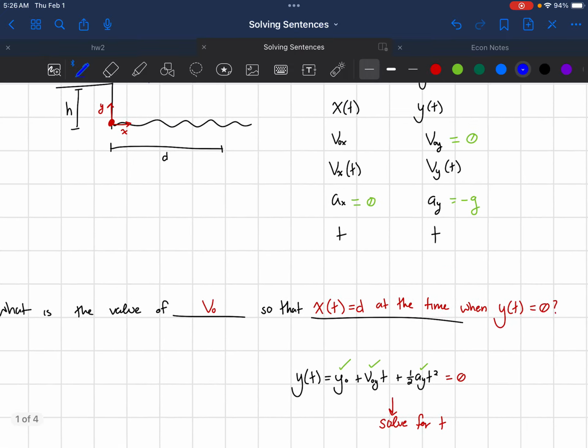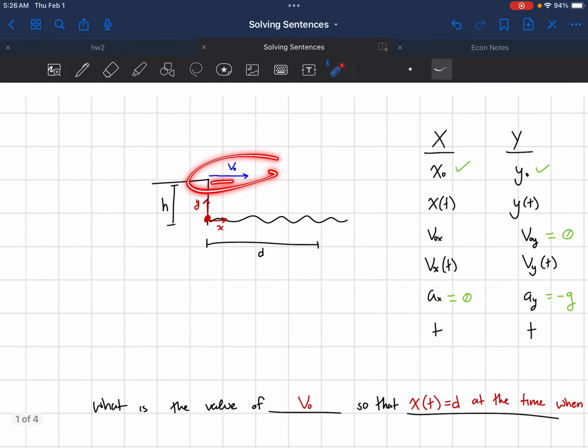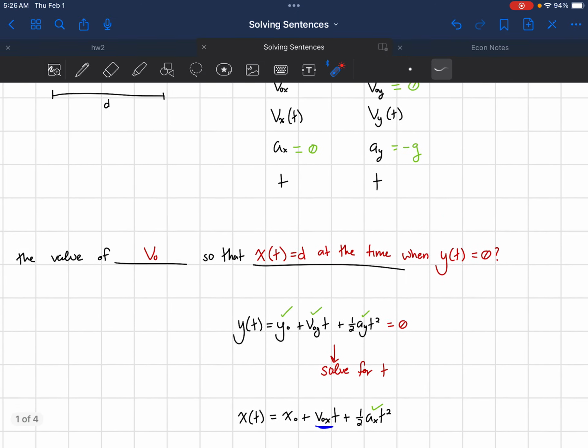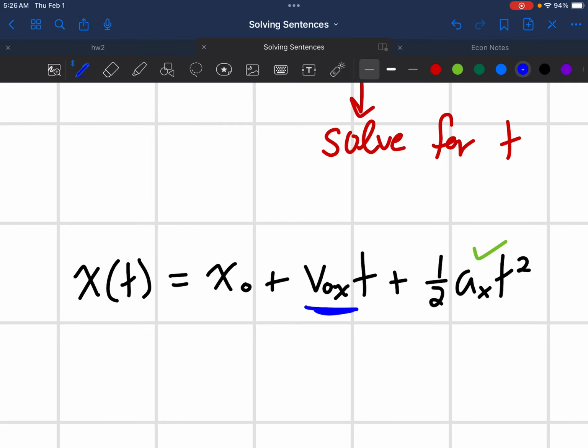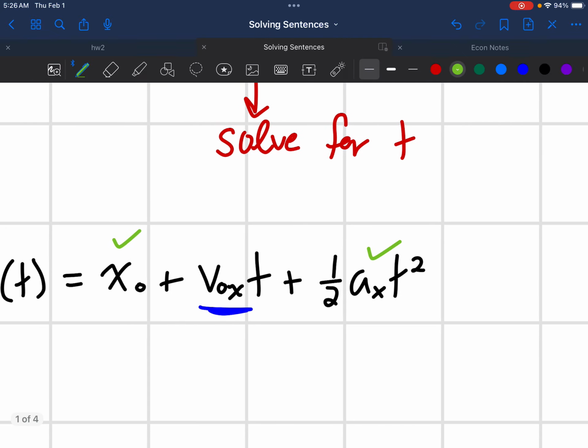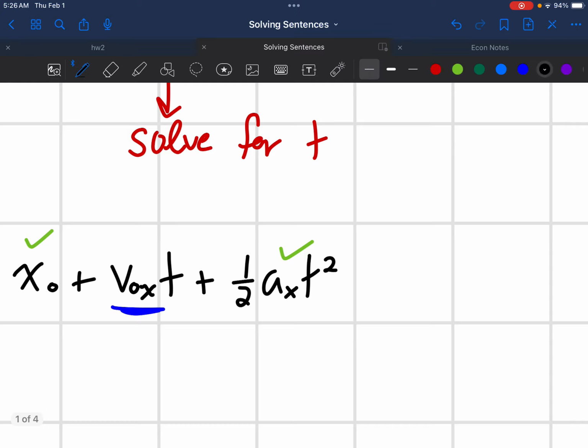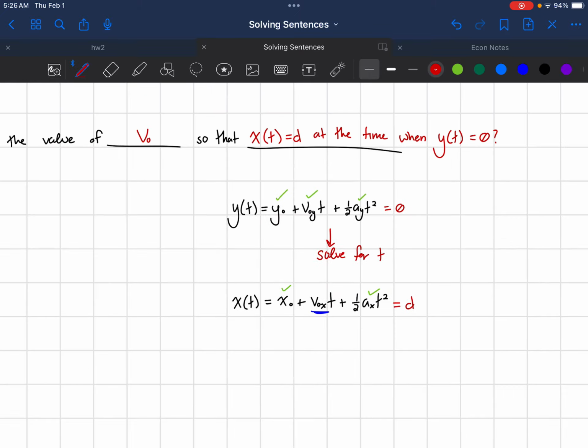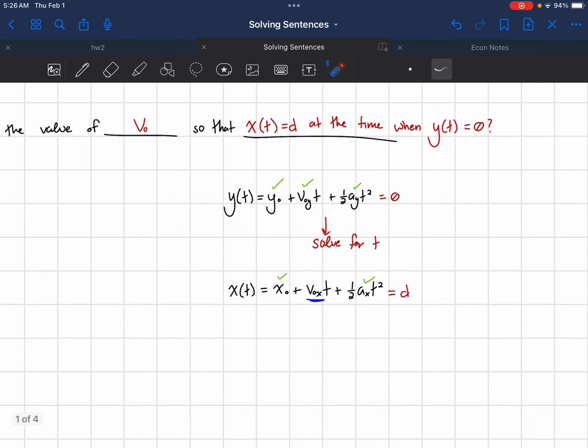Because the first thing I need to do is break that initial vector into components when I'm doing all this algebra. I know x naught, and now I set my x of t equal to d at that time. Right?